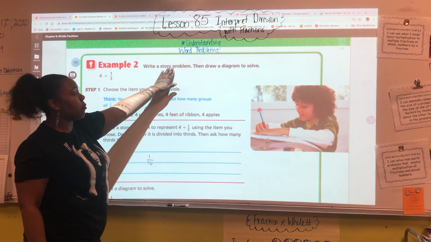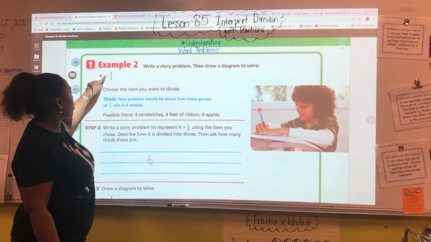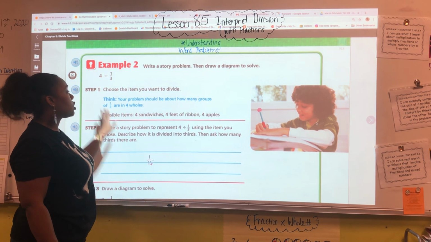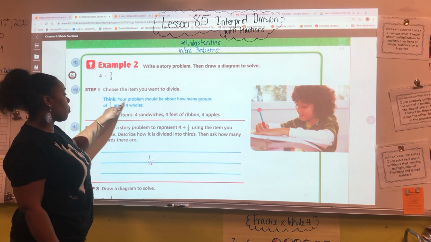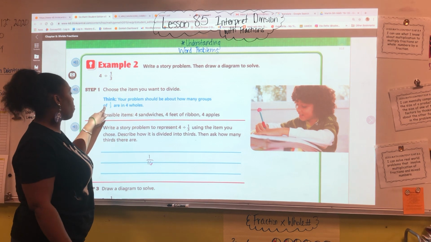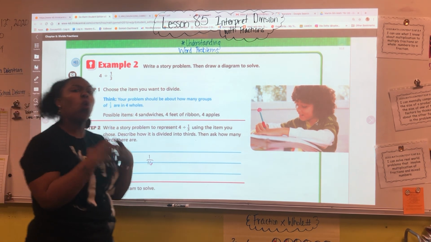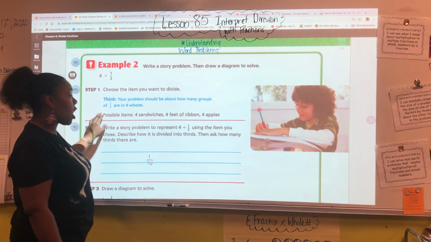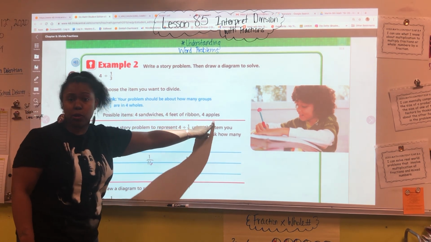So it says write a story problem and then draw a diagram to solve. 4 divided by 1/3. So choose what item you want to divide. Here's the hint. Your problem should be about how many groups of 1/3 are in 4 wholes. So you need to start with 4 whole things. Some examples are, you can start with 4 sandwiches, 4 feet of ribbon, 4 apples, right?